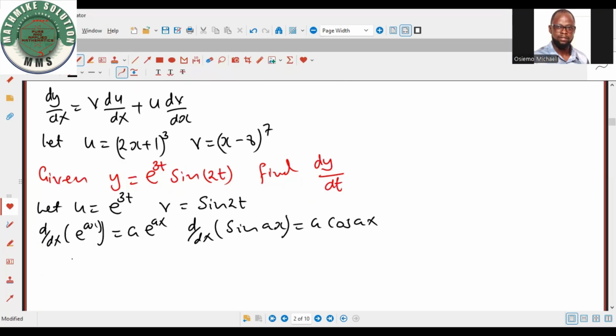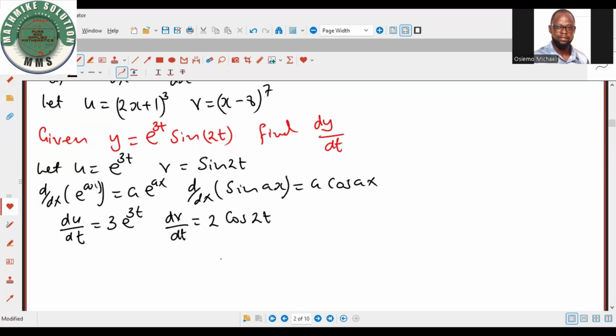So in this case now it means that our du dx will be equal to 3 exponential 3t. In fact, in this case, we are differentiating with respect to t and not x. That's why you are finding dy dt. So du dt is equal to 3 exponential 3t, and dv dt is equal to 2 cos 2t.